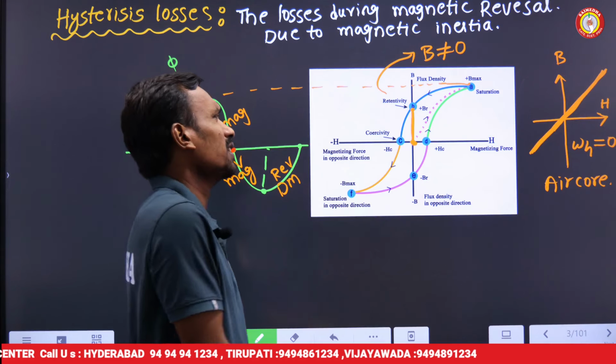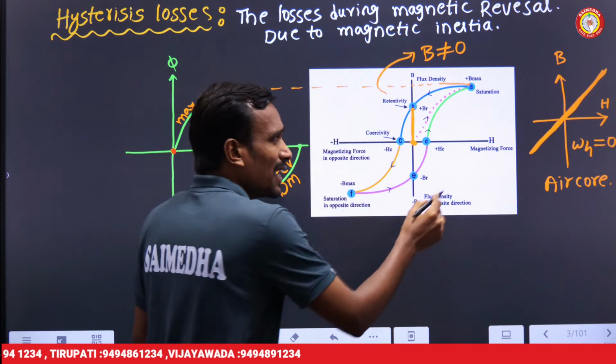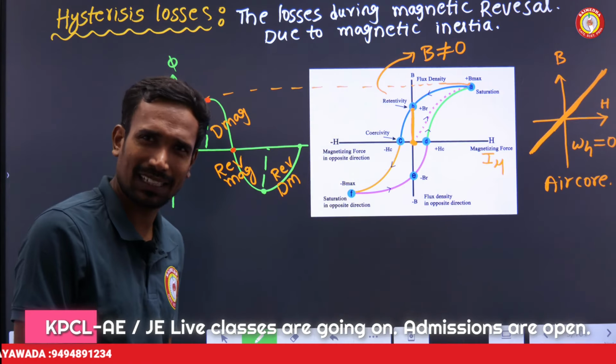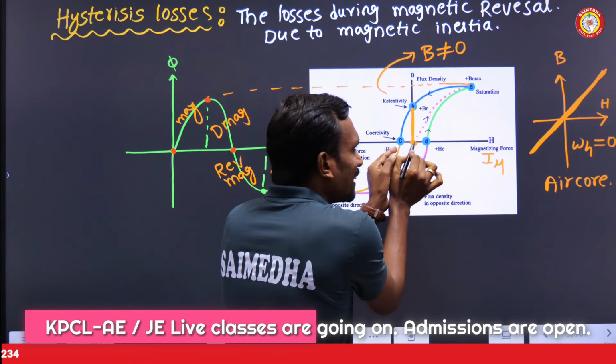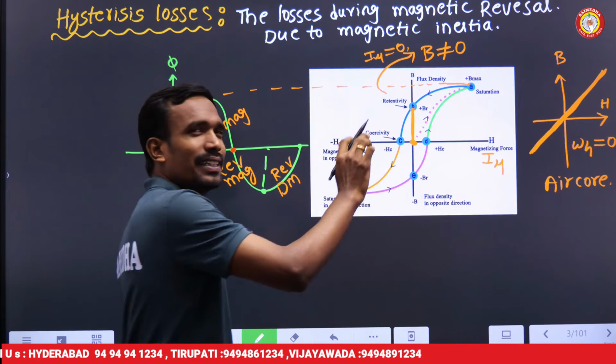Practically, we can represent the magnetizing force with magnetizing current. When the magnetizing current increases, the flux density also increases. When the magnetizing current comes back to zero, the flux density is still not zero. That phenomenon is called retentivity.